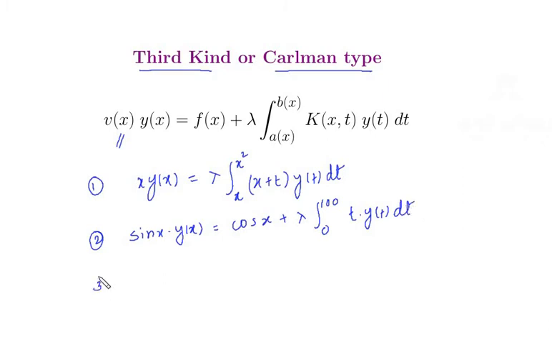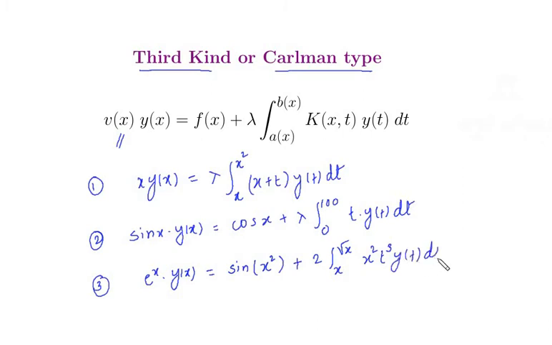And the last, say e raised to x y of x is equal to sin square plus 2, integral x to square root x of x square t raised to 3 y(t) dt. So these are the examples of the integral equation of third kind.